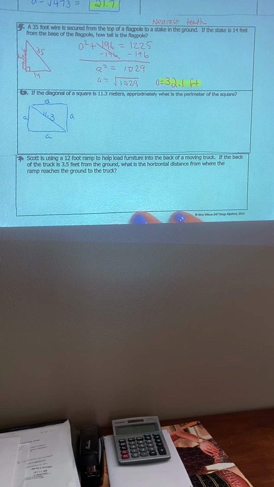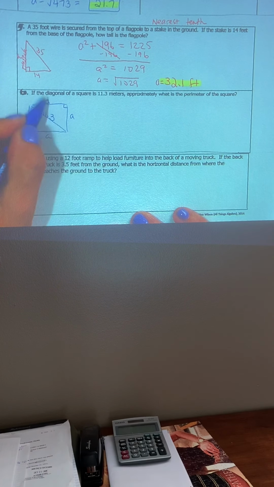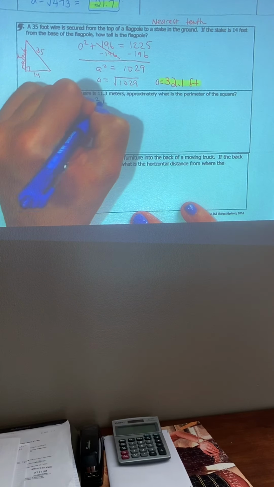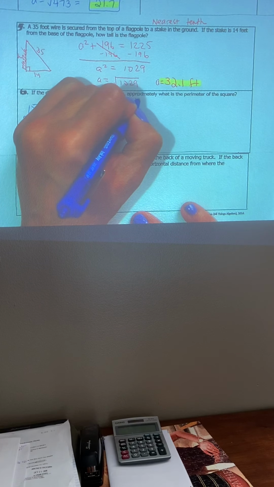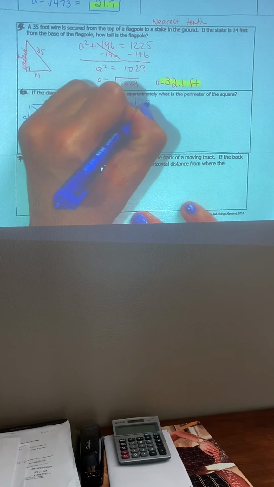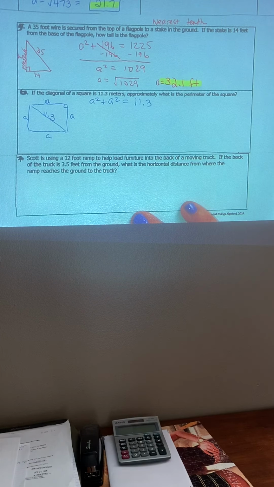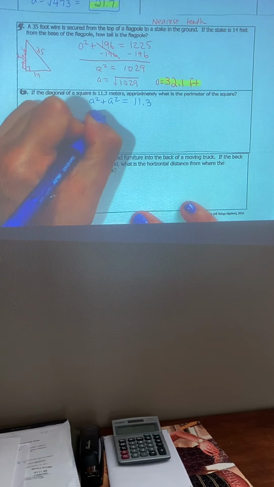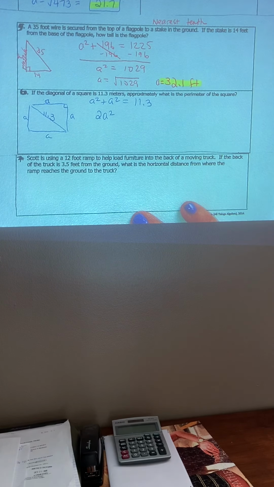In order to do the Pythagorean theorem, I need to do this squared plus this squared equals 11.3. So A squared plus A squared equals 11.3.